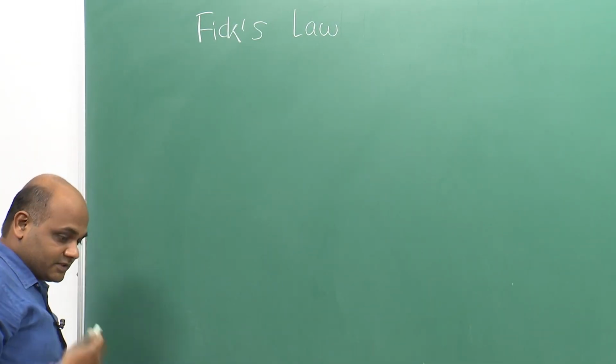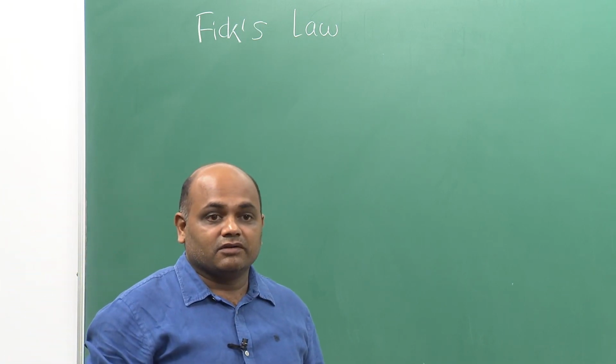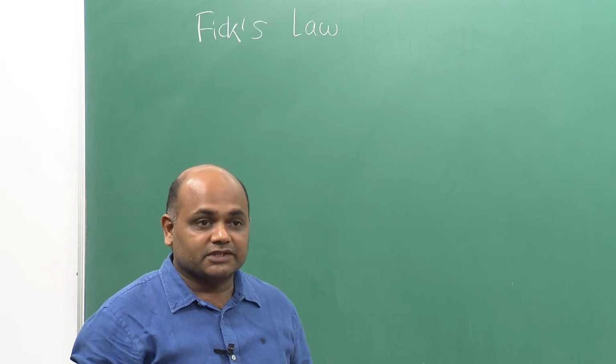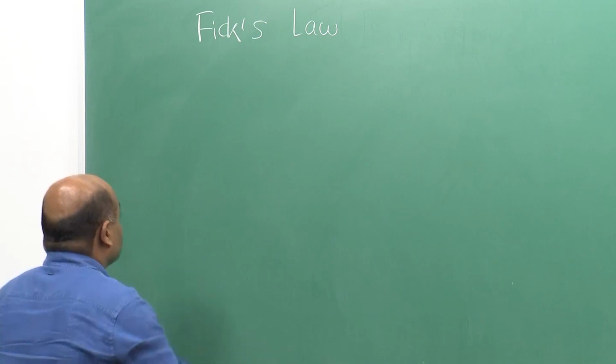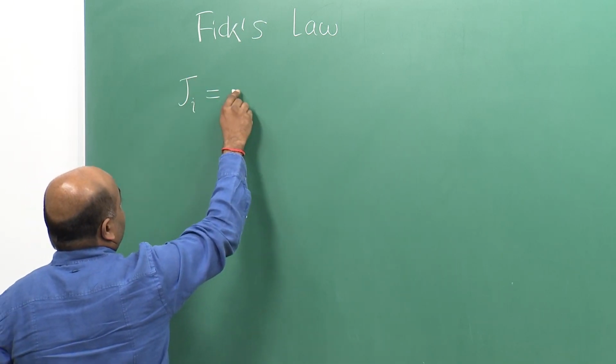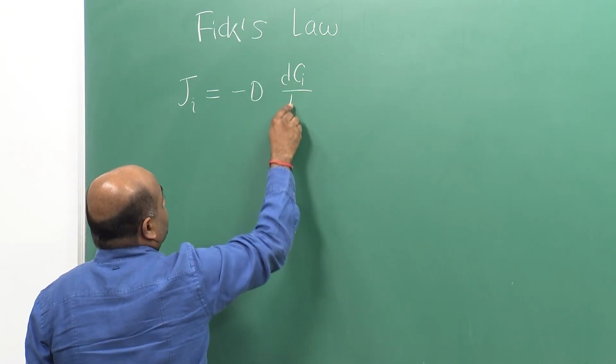So, what it says is the diffusion flux of a component i is proportional to the concentration gradient. So, we can write it J_i equal to minus D dC_i by dx.